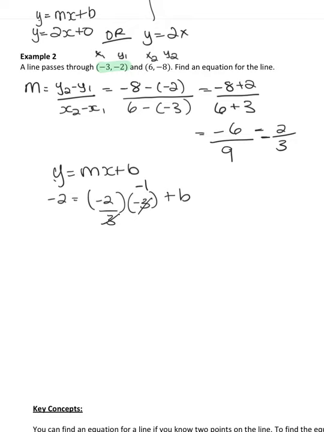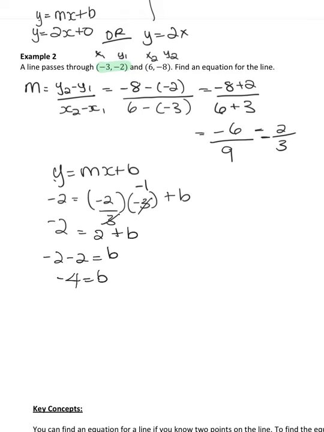So let's move on down a little bit. -2 equals, now I'm going to just multiply across. -2 times -1 gives me 2 plus b. I'm adding 2 on the right-hand side, so I have to subtract it to bring it to the left. -2 minus 2 is going to leave me with -4. So this means if I was looking on the graph, my y-intercept will be at y equals -4.